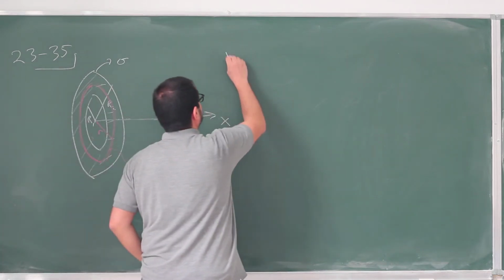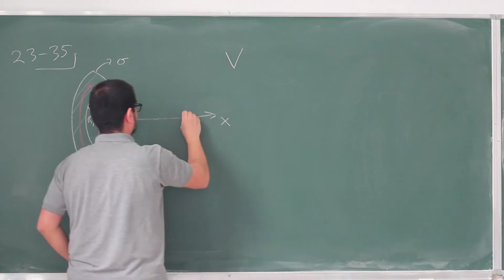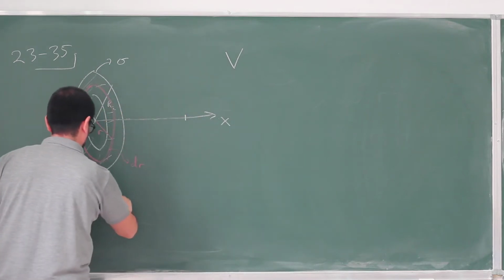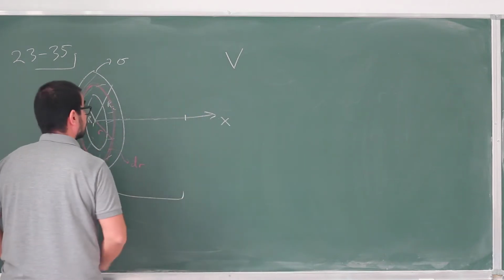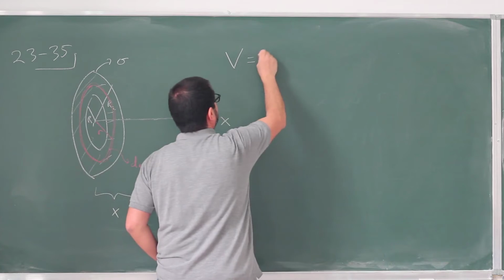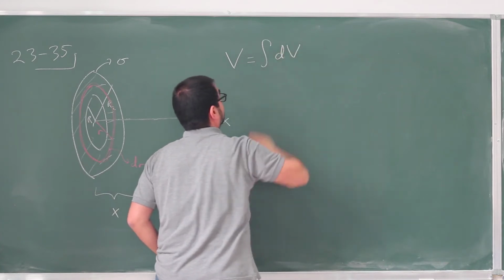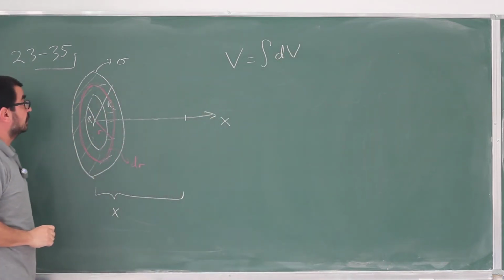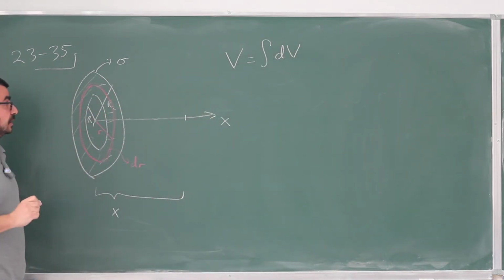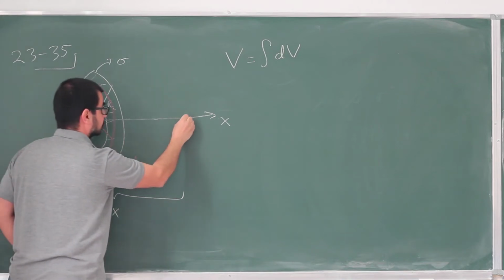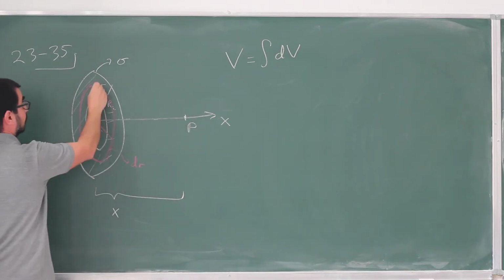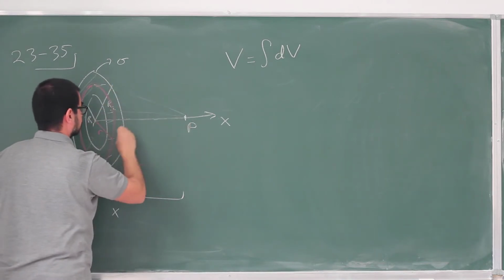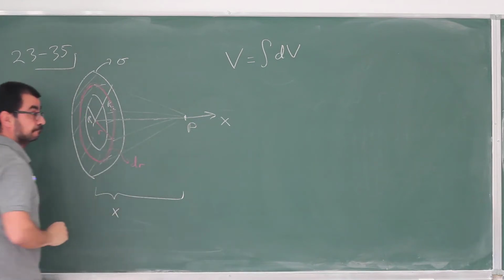So my potential at some point x is just the integral of the potentials coming from these rings. And each ring has this nice property that from the point P that I'm looking at, all the points on the ring are equidistant.